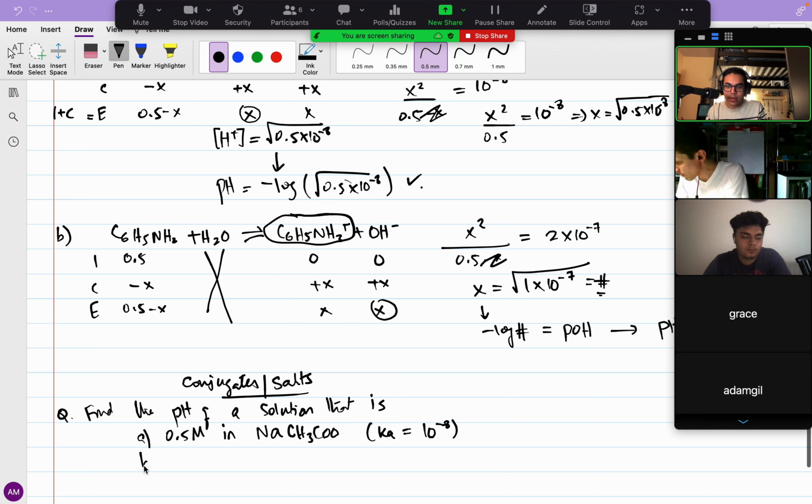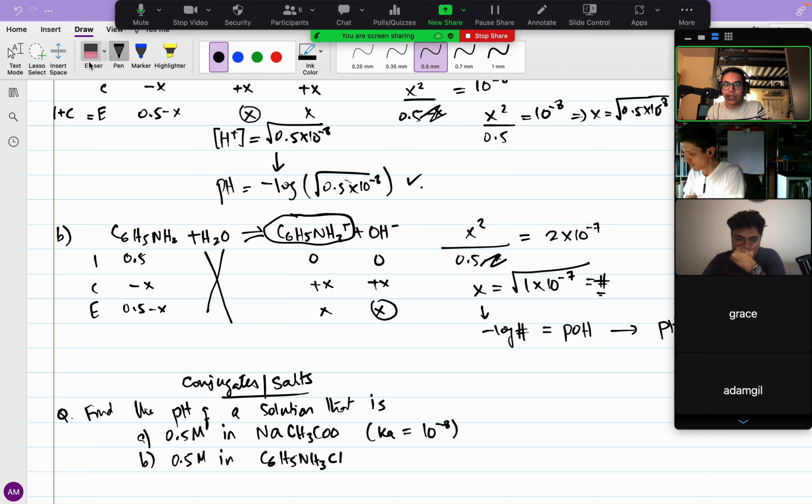And B, 0.5 molar in, let's see, C6H5NH3... hold on, C6H5NH3Cl.